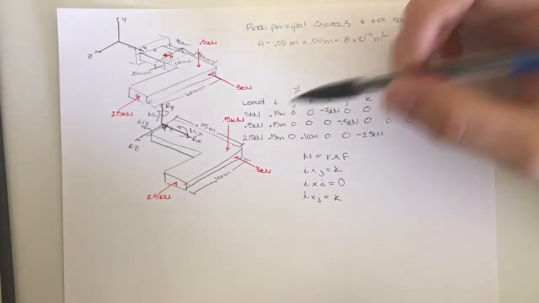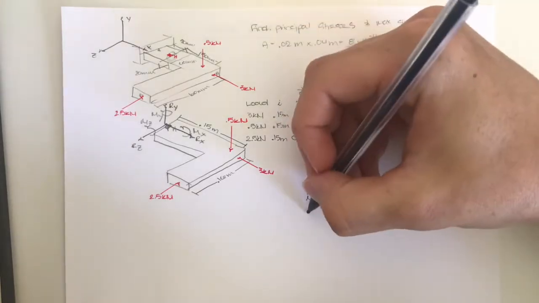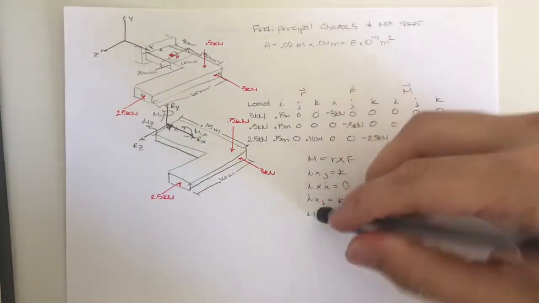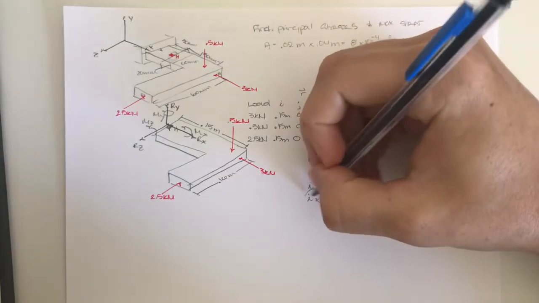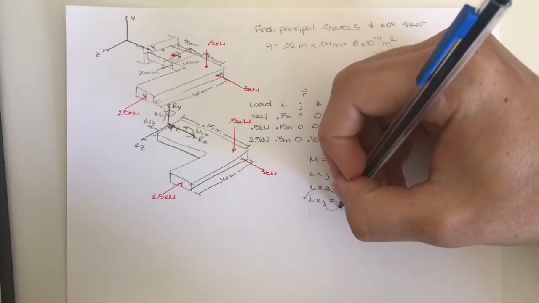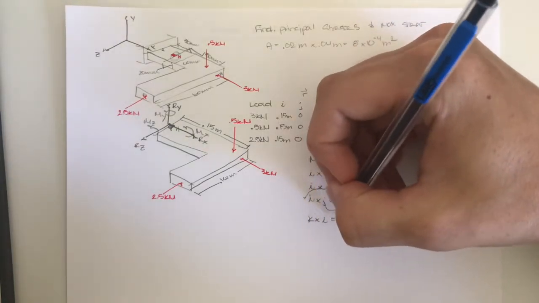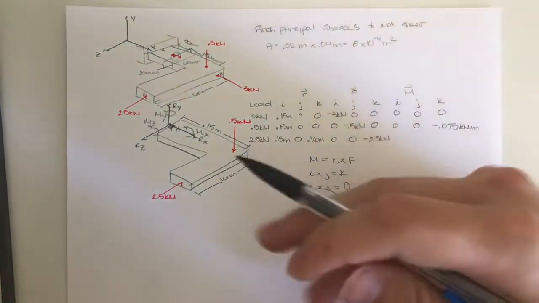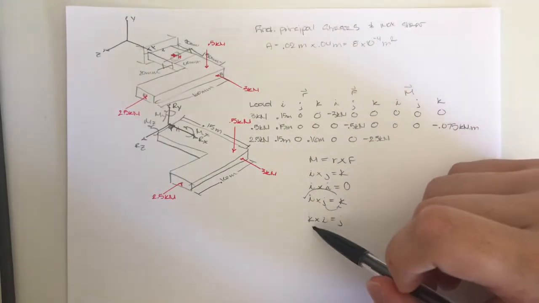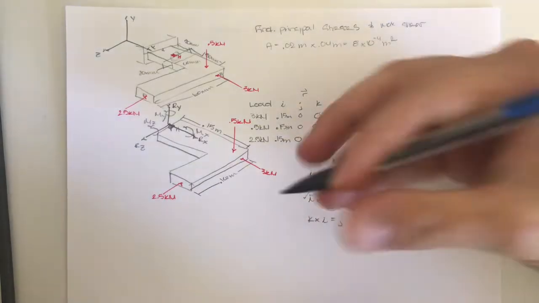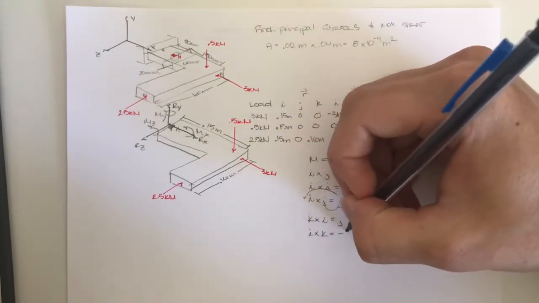As for the 2.5 kilonewton load, we know that i cross j equals k, and how I learned it is we can move the k out here and move this value in here. So k cross i equals j now. Since we have an i cross k here, we need to reverse this equation, so i cross k equals a negative j.